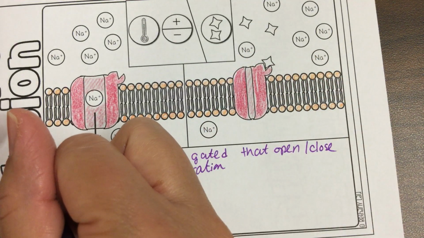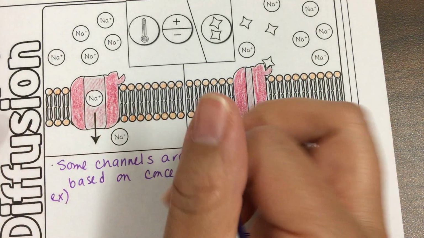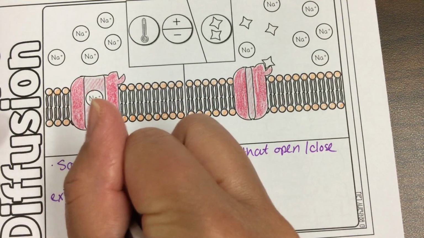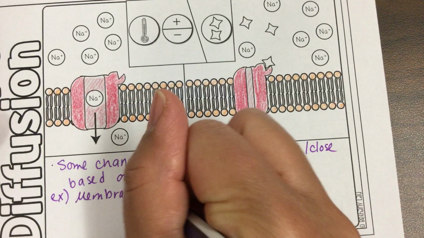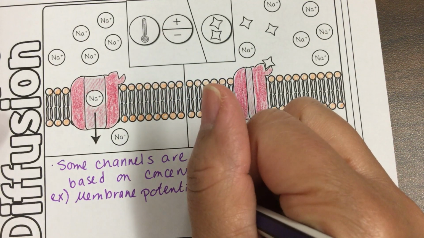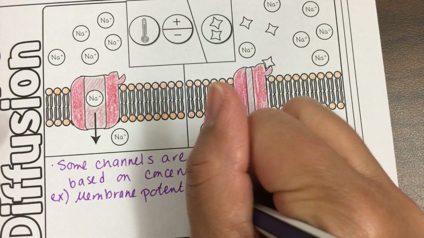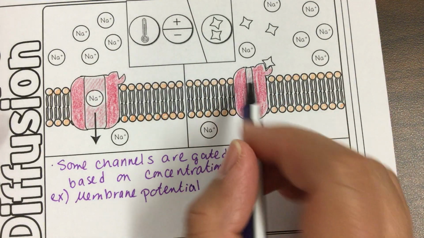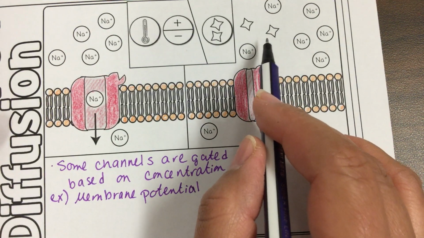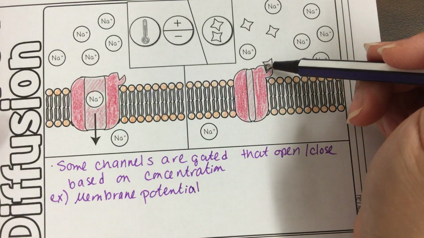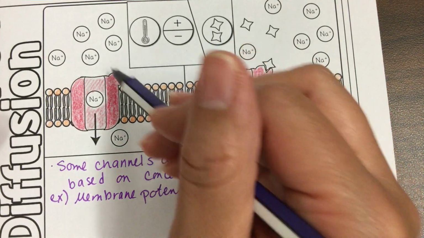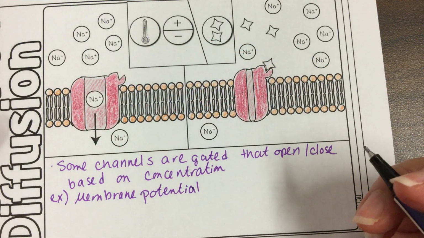An example of this is in our nervous system, where we have membrane potential. We're going to talk about this when we get to our nervous system. Essentially we have this electric charge that builds up outside, and then this charge is going to bind, and depending on whether that charge is present or absent, those molecules will flow through.